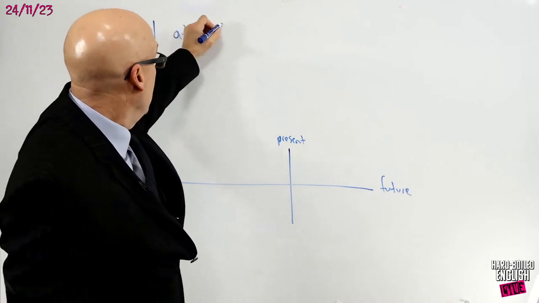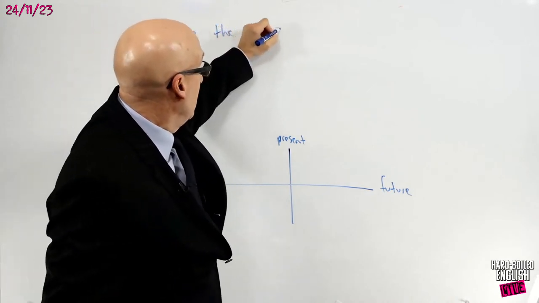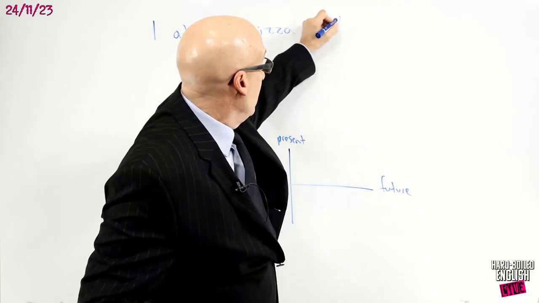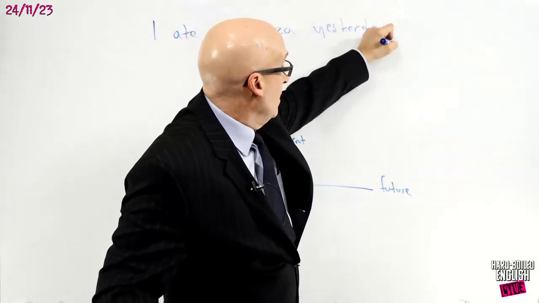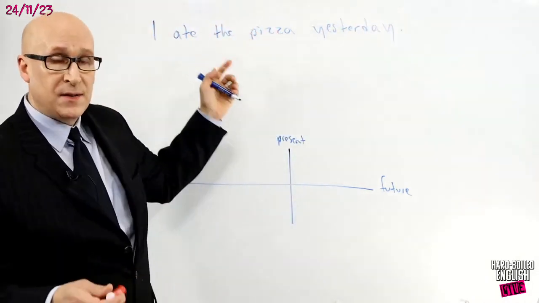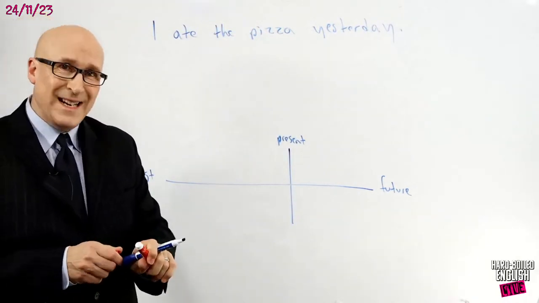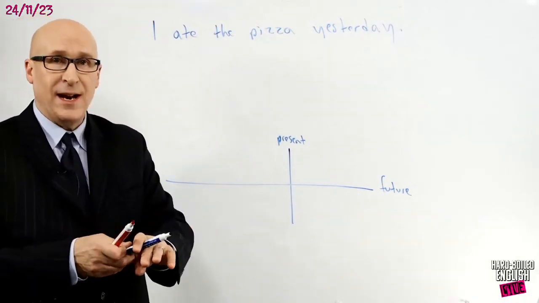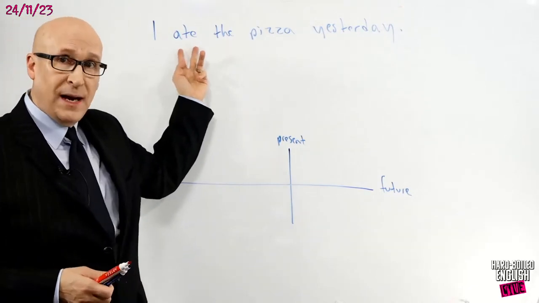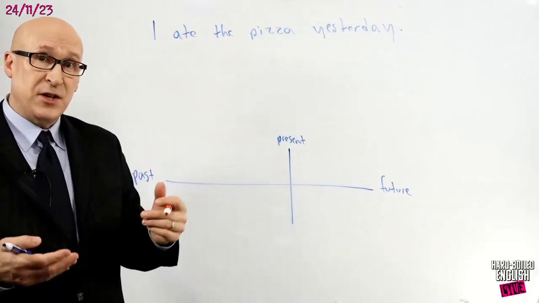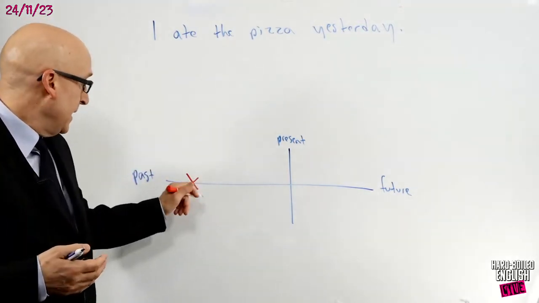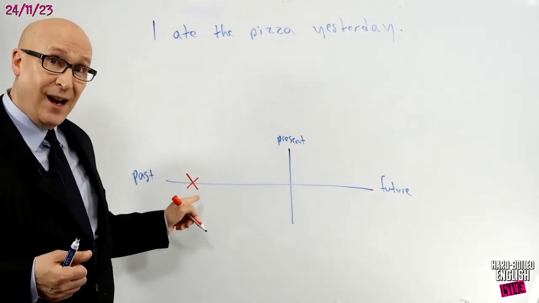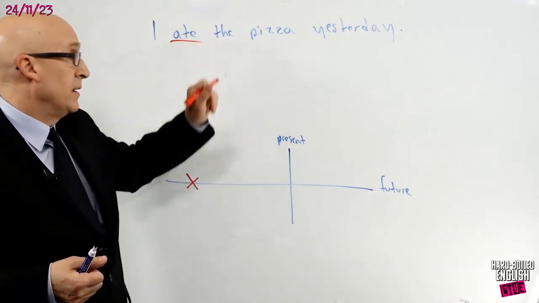I ate the pizza yesterday. When we use simple past, we need to know when that action happened. Simple past is an expression that in the past, at this time, that happened.